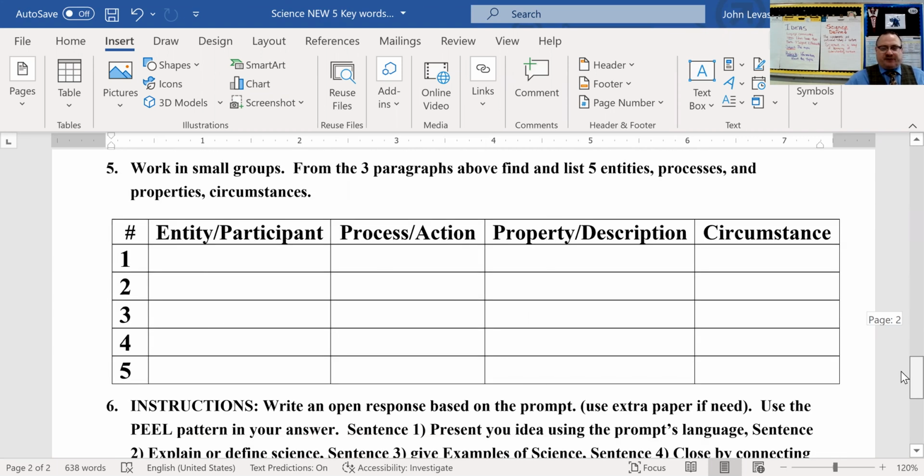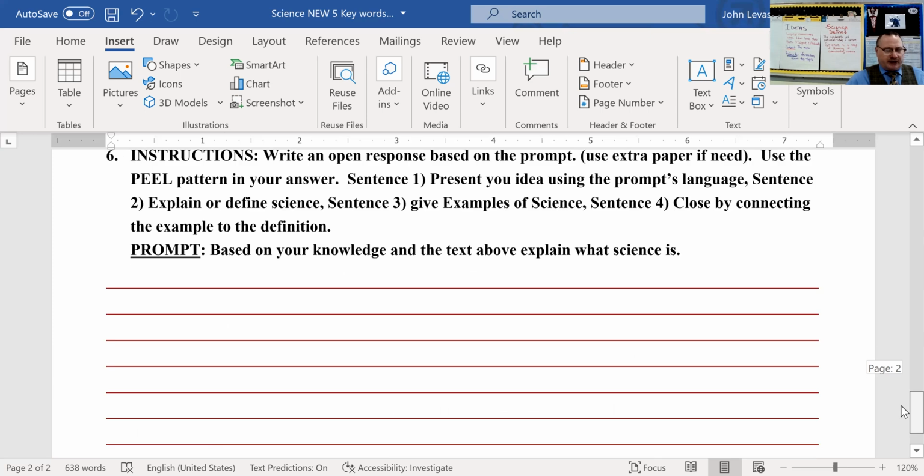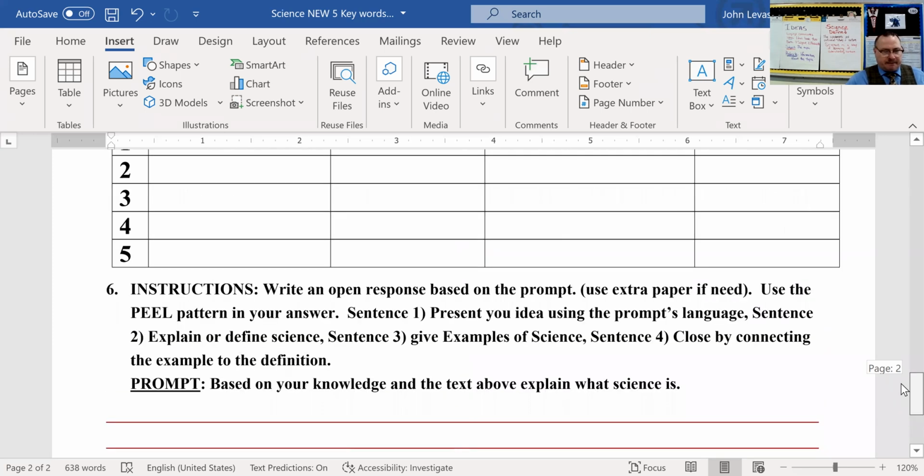And after section 4, we're going to go back and look at those 3 paragraphs, and we're going to find, again, 5 examples of entities in those 3 paragraphs, 5 examples of processes, 5 examples of properties or descriptions, and 5 examples of circumstance. And then we're going to write a short open response using the Peel pattern.